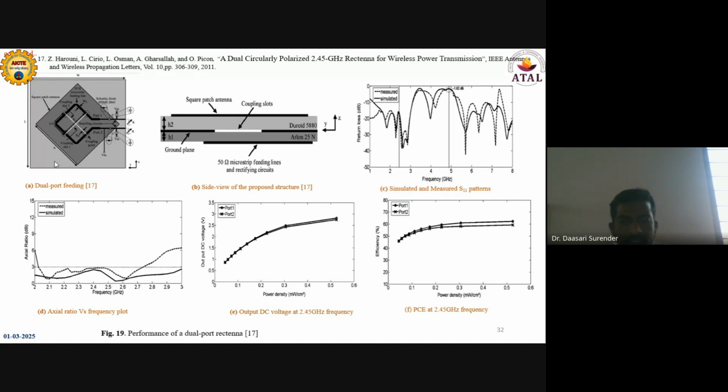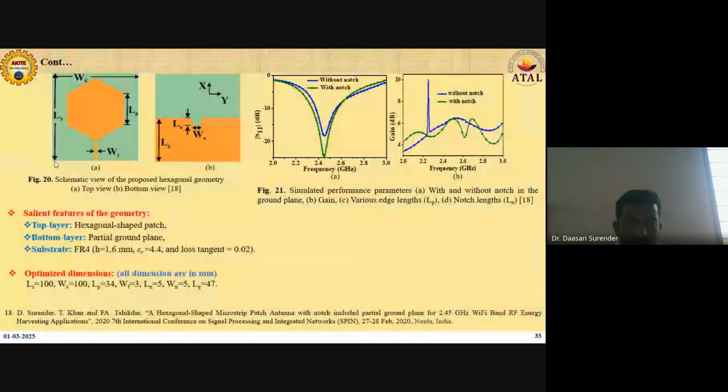At a power density of 0.5 milliwatt per centimeter square, we can clearly observe that around 3 volts has been received by the designed rectenna system. The efficiency is also almost equal at both ports 1 and 2.